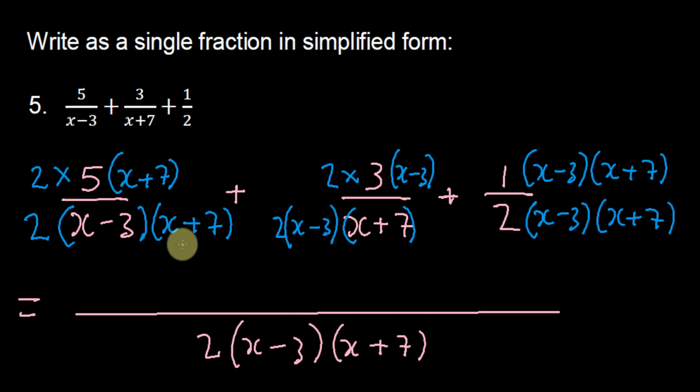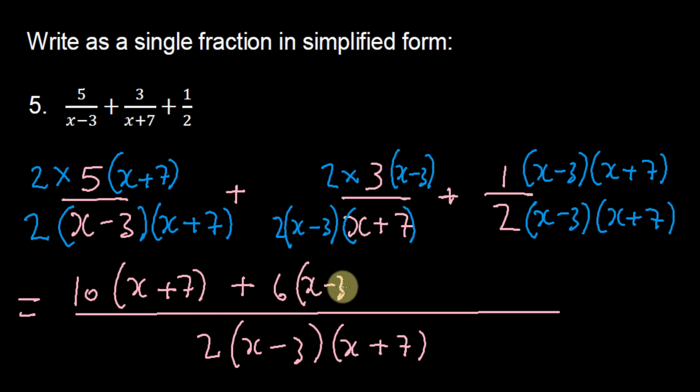In the numerator here, we're going to have 2 times 5, which is 10, into x plus 7, then a plus. Then we have 2 times 3, which is 6, into x minus 3. Here we have x minus 3 times x plus 7.